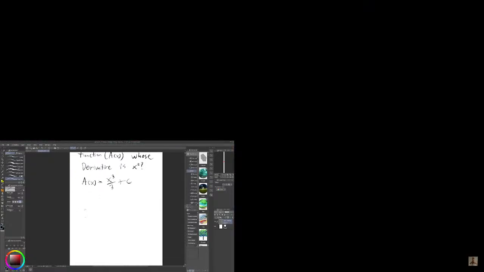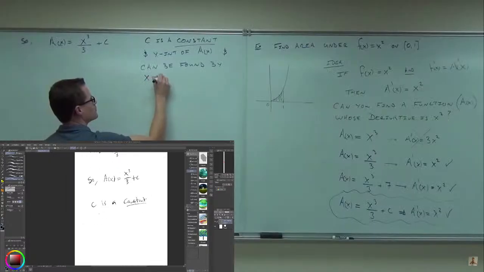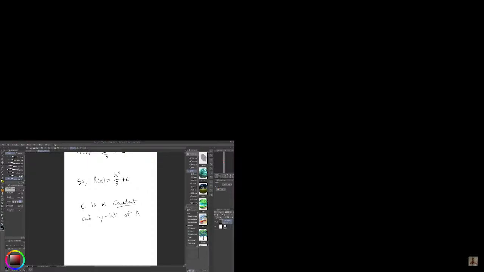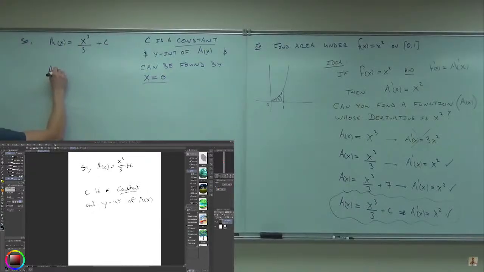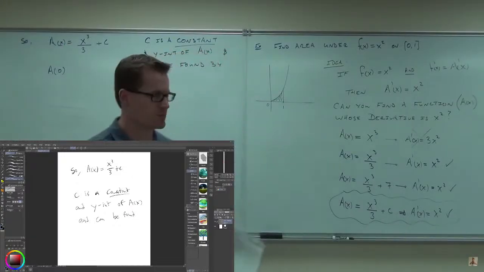True? So what this means is that A of 0, if I plug in x equals 0, can you verify that that's going to give me just the C? 0 cubed over 3 is 0 plus C, so it's going to give me C.